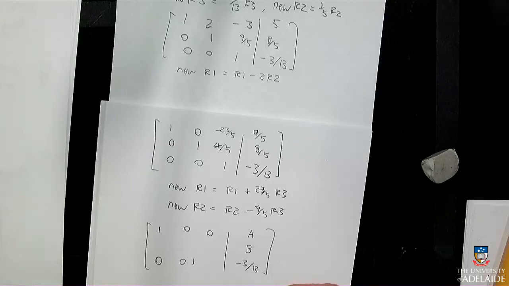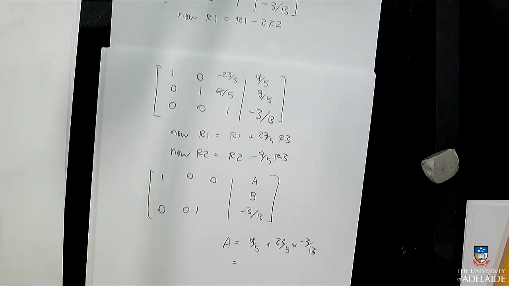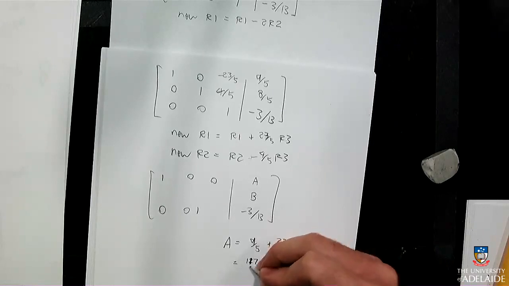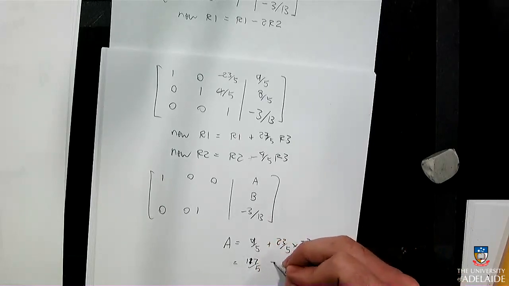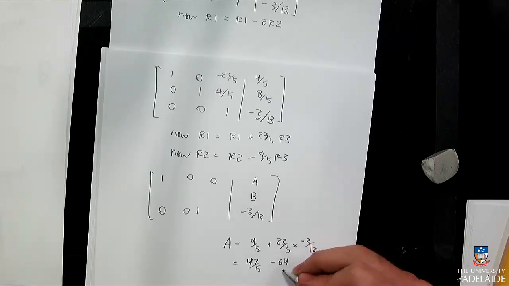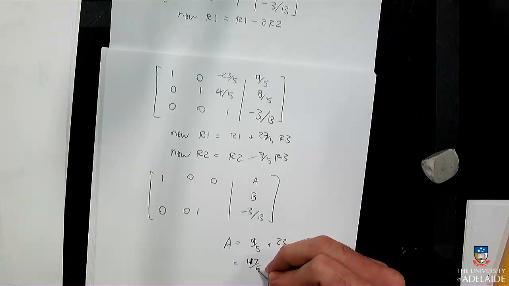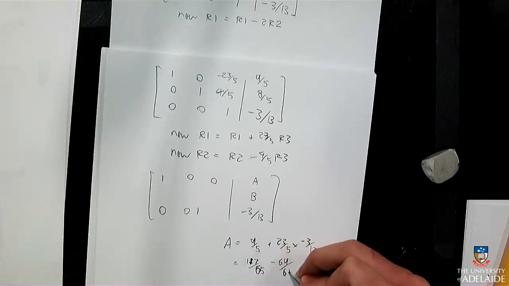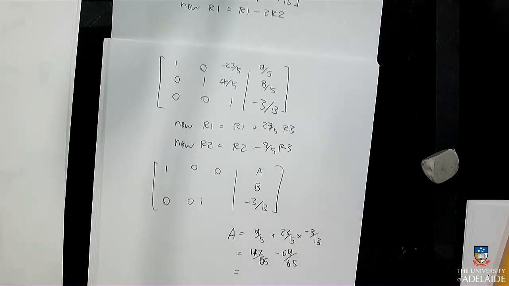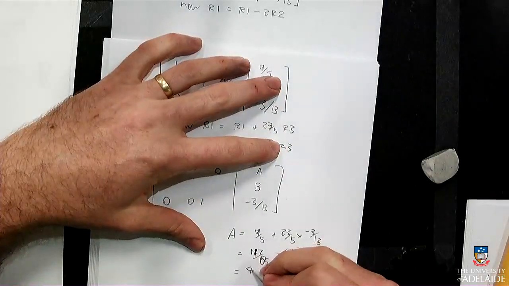So if I multiply this one by 13, 9 times 13 is 90 plus 27, which is 117. 23 times 3 would be 69. So 117 minus 69 would be 48.